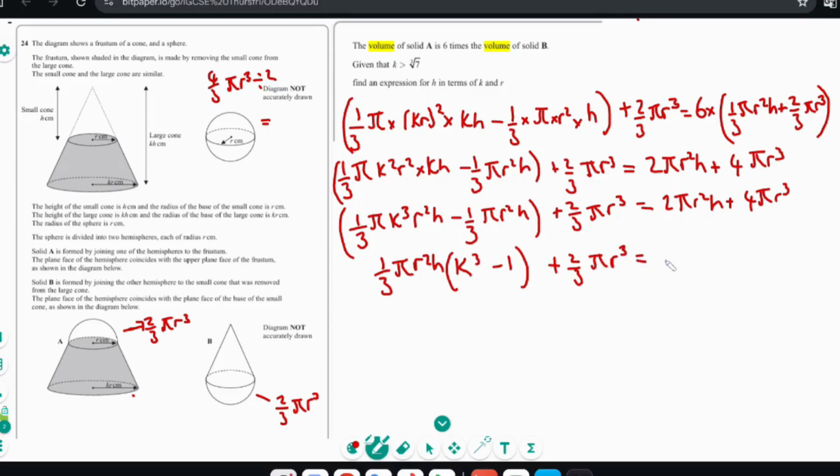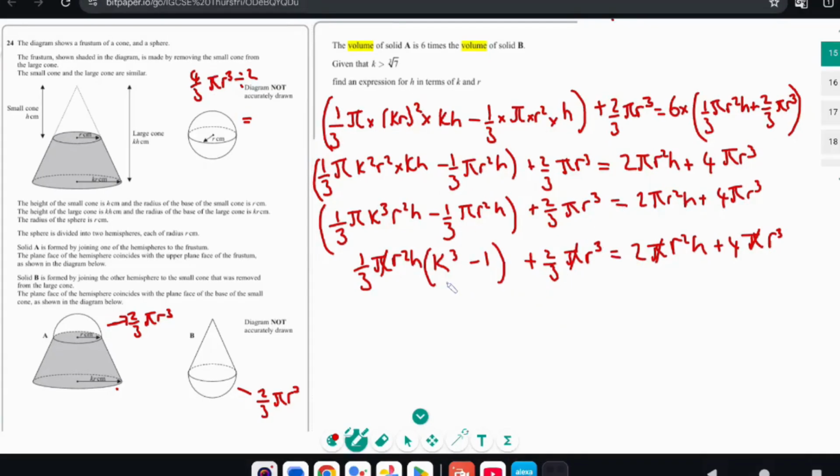And I think next of all, I am going to divide by pi. Every term here has a pi in. If I multiply this first term by 3, I get r squared h. Multiply the second term by 3. 2/3 times 3 is 2. 2 times 3 is 6.